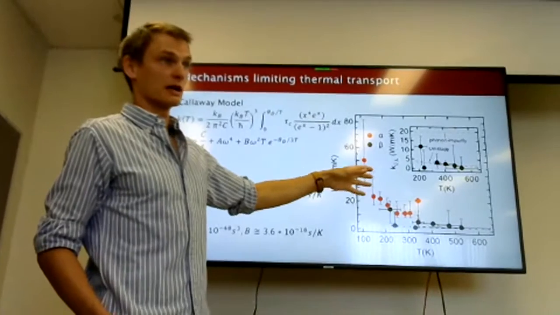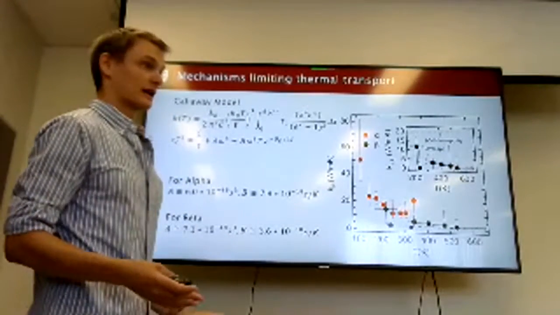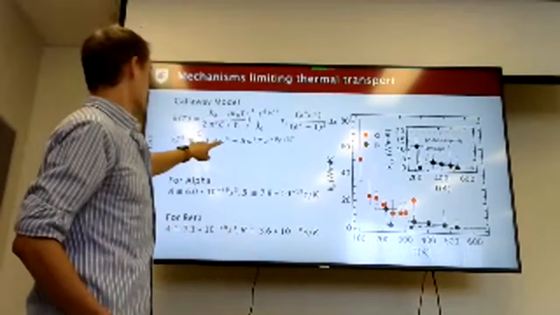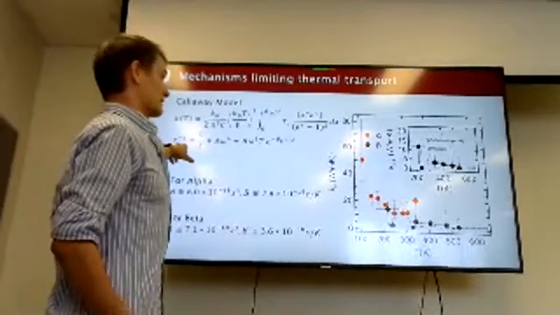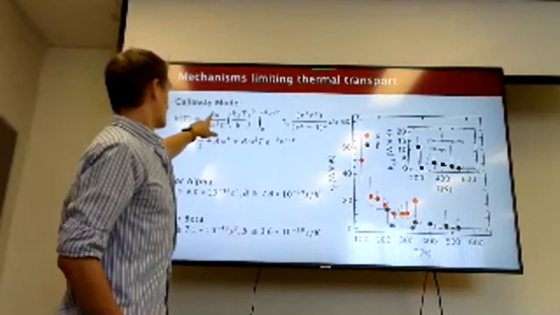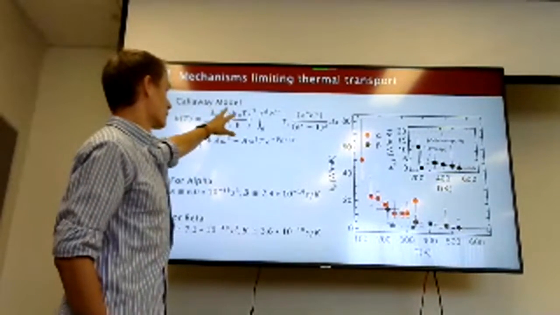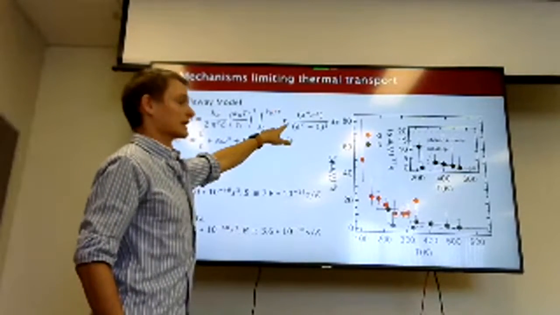Okay. In order to do that, we use the Callaway model from a guy named Joseph Callaway in 1954. And the heart of this model is this relaxation term. You see the heat transfer as a function of temperature. There's going to be a whole bunch of constants here: temperature, the Debye temperature, and then the relaxation term.